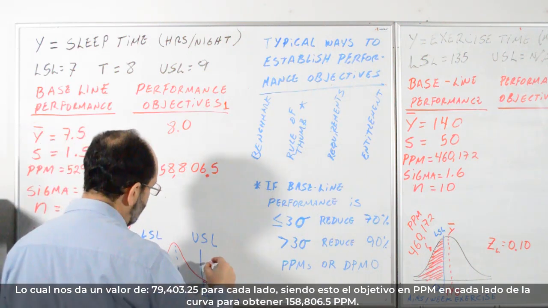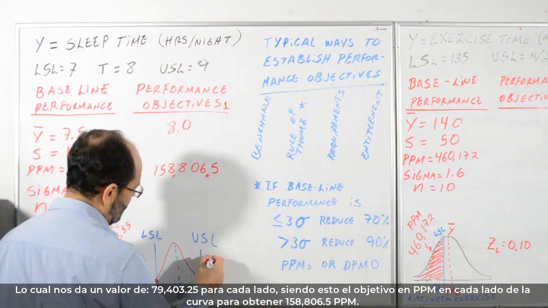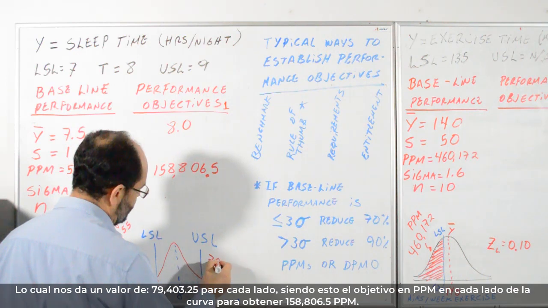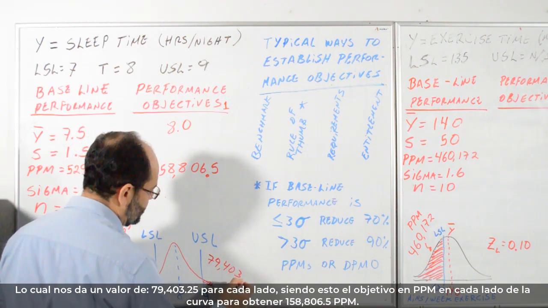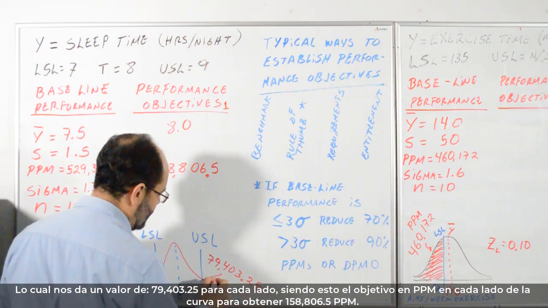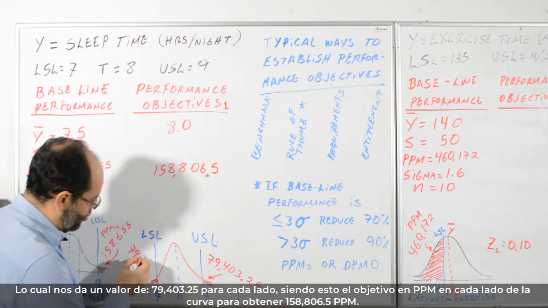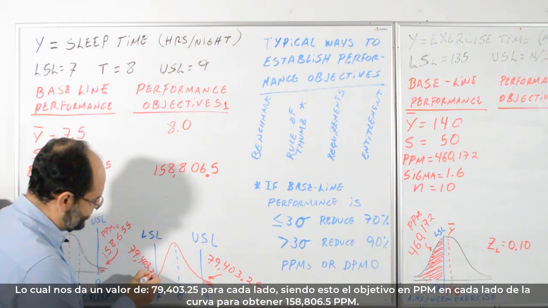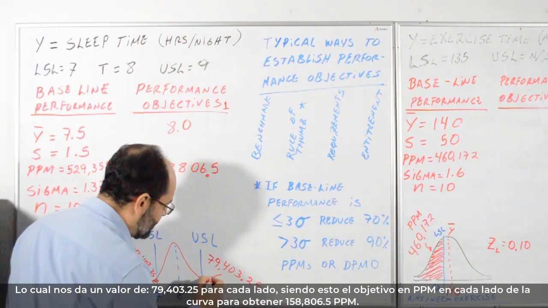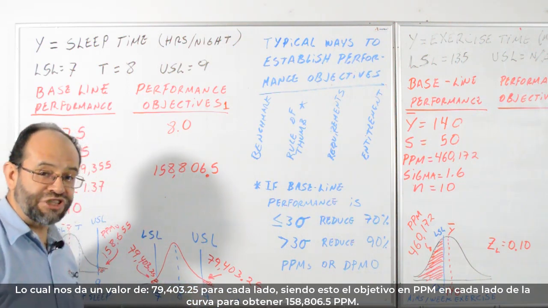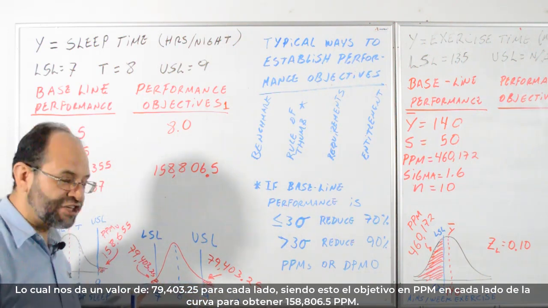That means a number like 79,403.25 on each side, and those should be the PPM objectives on each side of the curve.